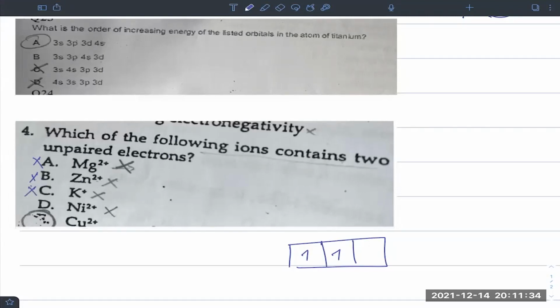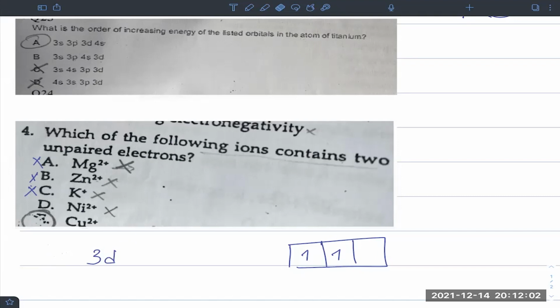Nickel 2 plus, let's look at the periodic table. Nickel is 28. Starting at argon, 18, I will get 4s2, and then I'll get 3d6, right? No, wait a minute, 3d8, that's what I'll get.